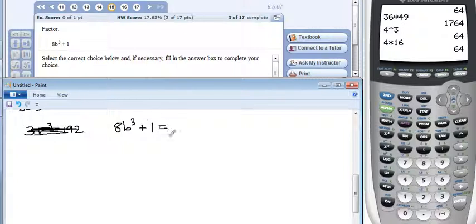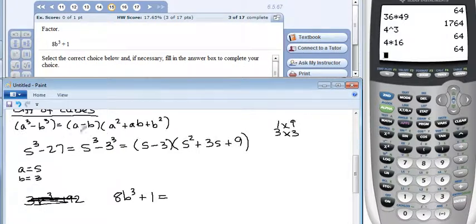So remember how before we had to rewrite it like this first? I want to do the same thing here, but now I have 3 pieces to rewrite. Okay, and 8 can be written as 2 cubed, and b can be written as b cubed, and 1 can be written as 1 cubed, because 2 cubed is 8, this is b cubed, 1 cubed is 1.